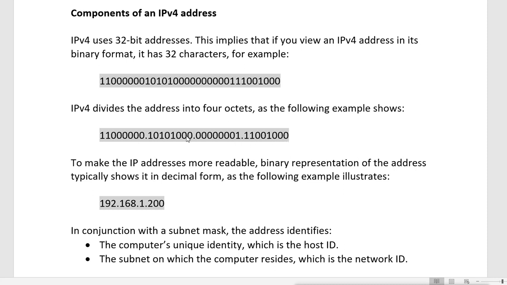When you represent these bits in decimal, each bit has its own value, and based on those values this decimal number comes. That means if the bit is on, then we count the decimal value of that bit, and if the bit is off, then we do not count the decimal value of that bit.